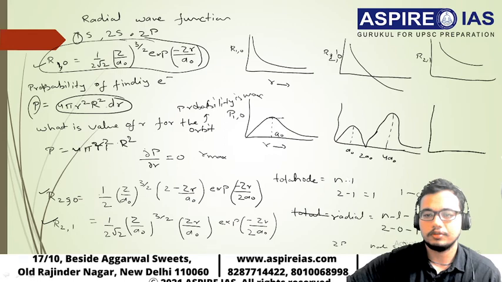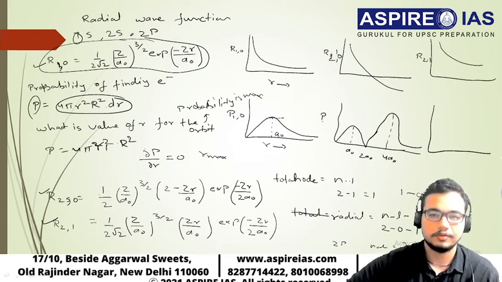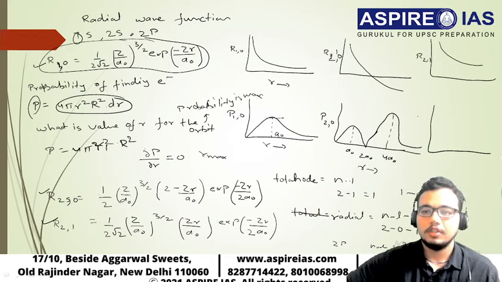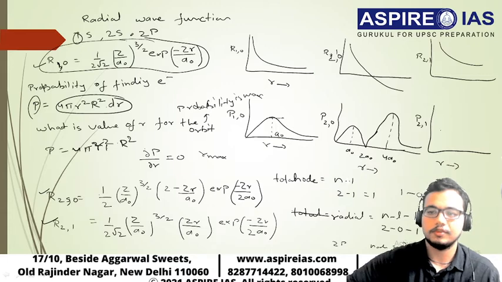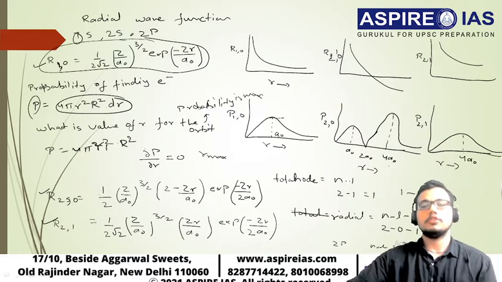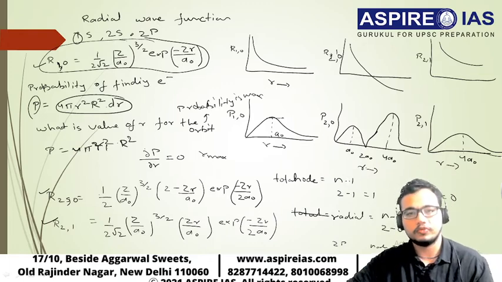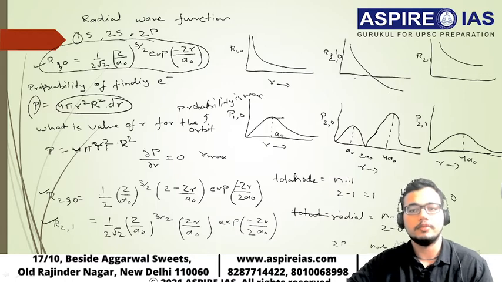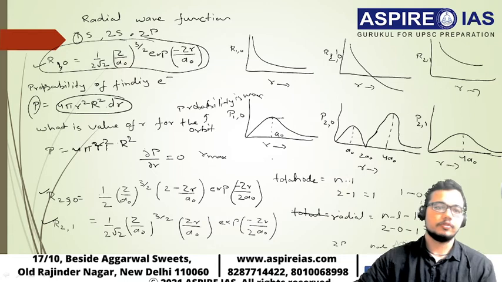This is P20, that is 2s versus r. Now this is P21, that means 2p versus r. This will be simple like the first one, but here the value will be 4 a naught. So in this way, just by calculating the number of nodes, we can easily draw any of the diagrams they will be asking, whether it is the radial distribution or the distribution of the probability.